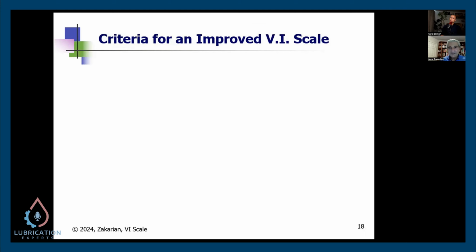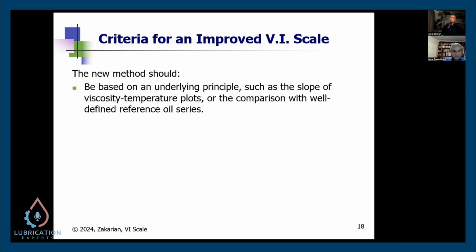So if we want to improve the scale, what should we look for? Well, the first thing is let's find an underlying principle which is scientifically based. You could look at viscosity temperature plots, look at the slope of those plots. That gives you a true rating of viscosity versus temperature.